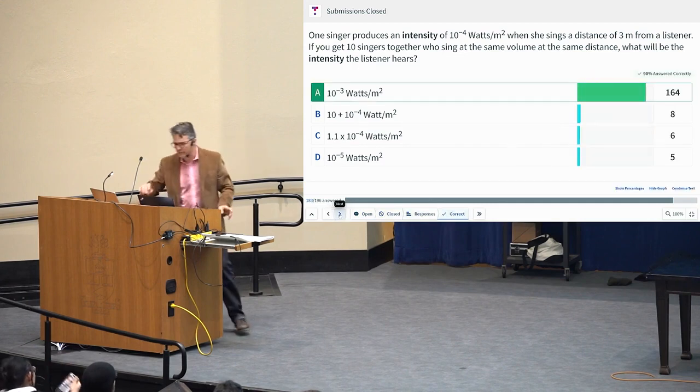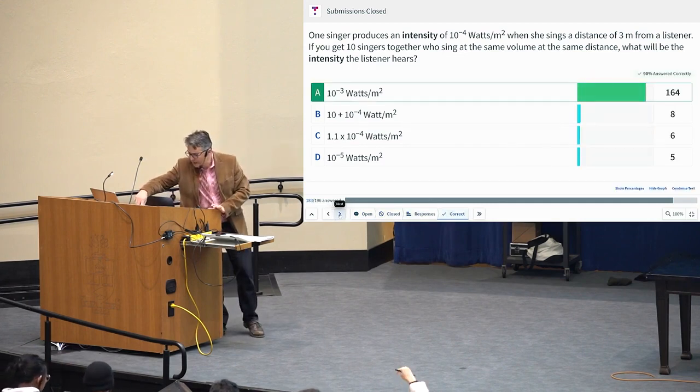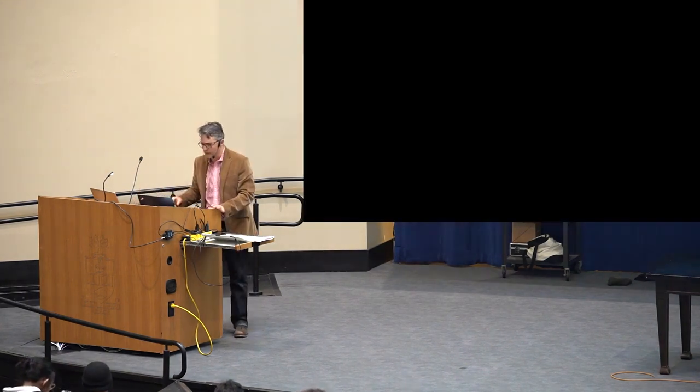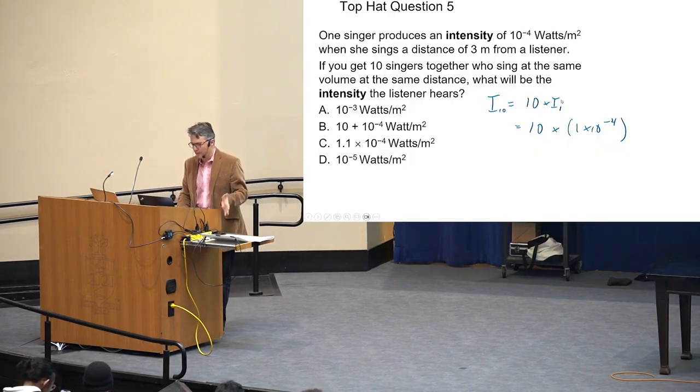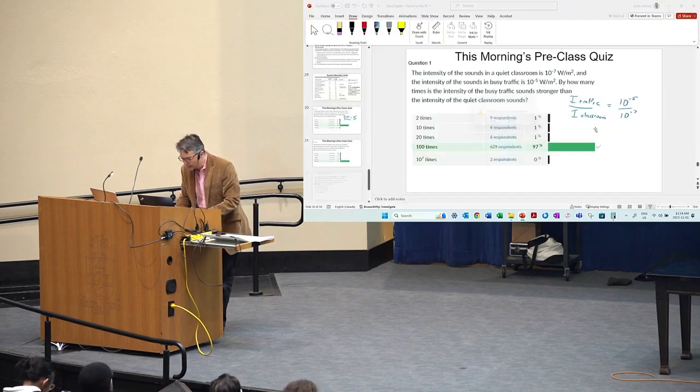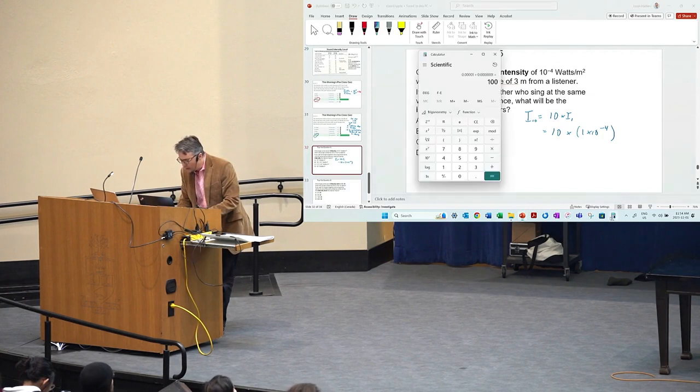I think it is 10 to the minus 3. So the way I did it, and I guess I'll bring up my calculator again, is that I1 is whatever it is. Well, it's 10 to the minus 4. So that's 1 times 10 to the minus 4. So if I bring up my calculator again, I'm going to clear, 10 times 1 EE, sometimes it says, and then 4, and then negative sign, equals, it's 0.001.